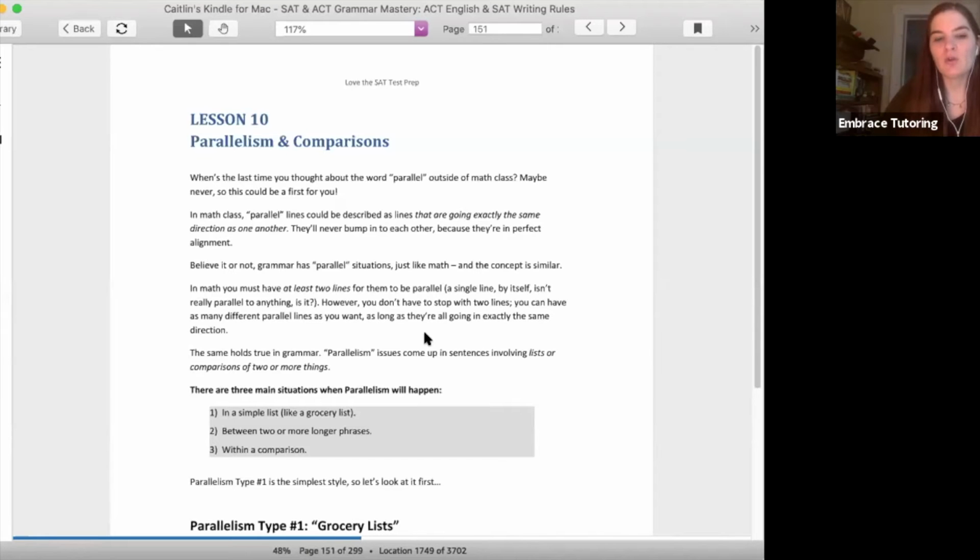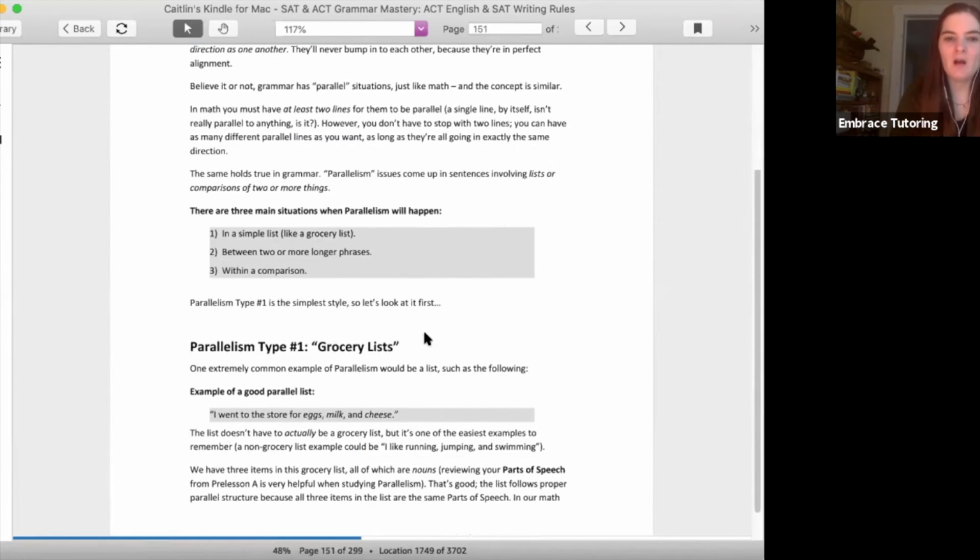You can also have a situation with parallelism between two or more longer phrases. That generally happens when you're dealing with something like verbs, or you might have a noun, different kinds of situations. We'll get into specific examples, but also the third option, the way that you'll see parallelism happen is within a comparison, like the one that we were just talking about with comparative adjectives.